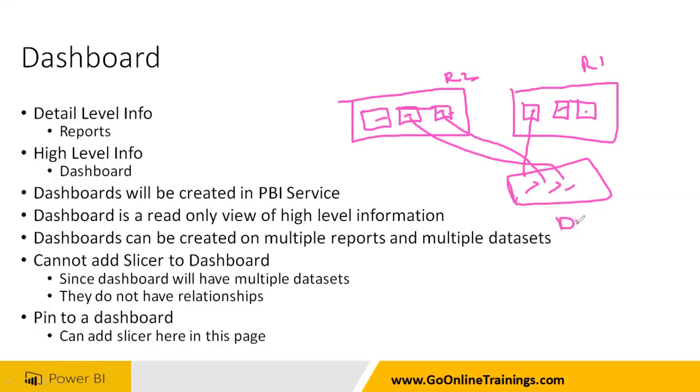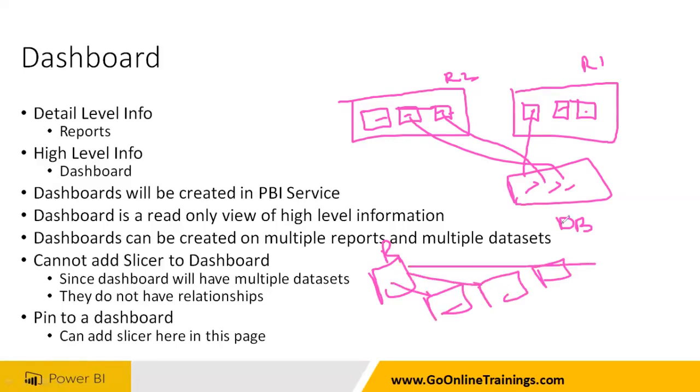This is your dashboard. On a single report you can prepare multiple dashboards, and you can also take report number one and report number two and create multiple dashboards on them.